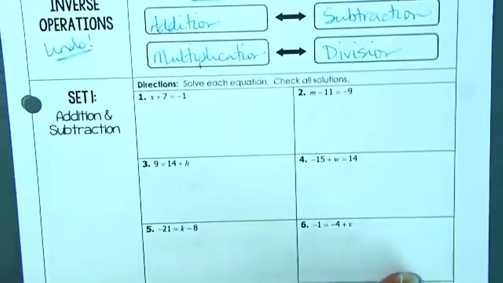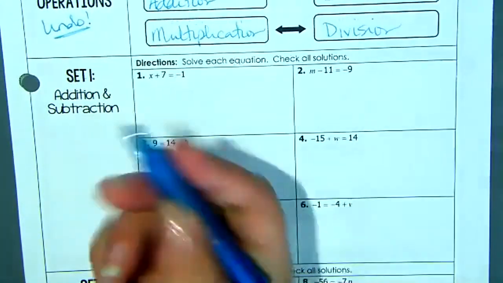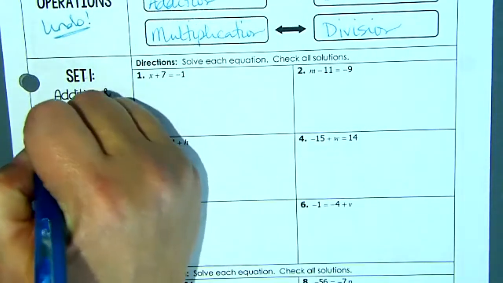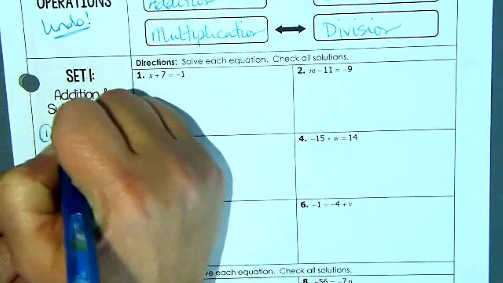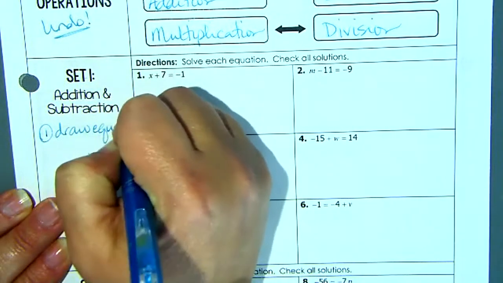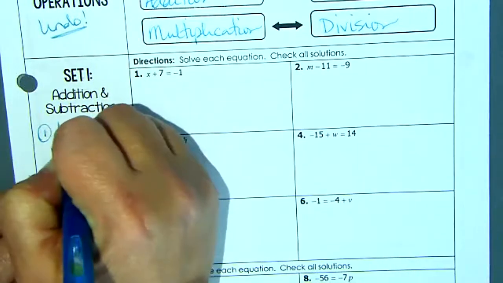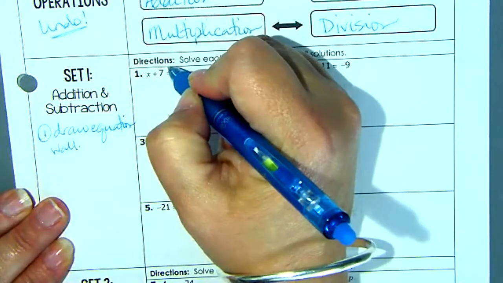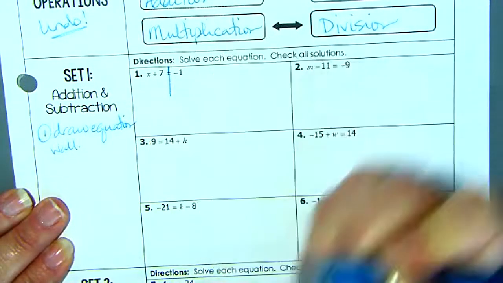Some terminology, some ways that I kind of talk about things. Step 1, draw the equation wall. So if I'm looking at number 1, the wall goes where the equal sign is. So I draw the equation wall.